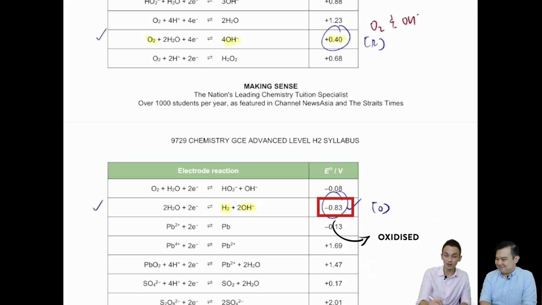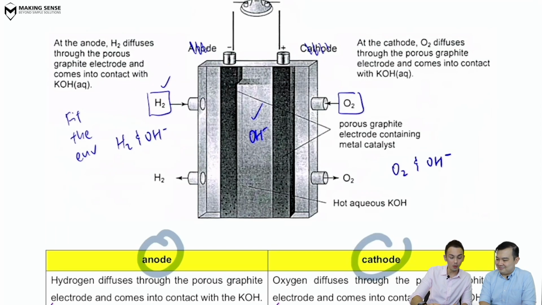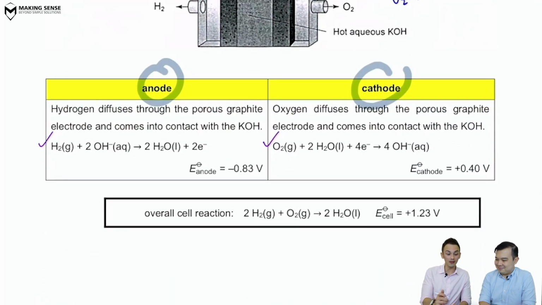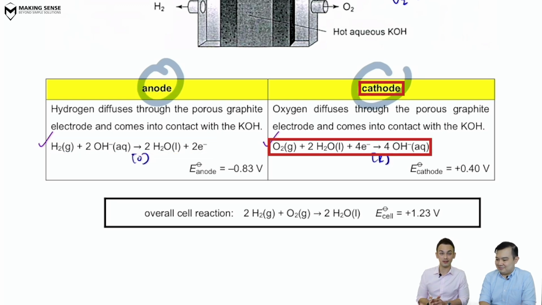Okay, so once we have this thought process in mind, knowing that this is going to go forward, the reduction process, and this is going to go backwards, the oxidation process, this is where we're going to return back to our notes. You re-look at the equation that's given. Do notice this is written as the oxidation process, and this is written as the reduction process, all right?